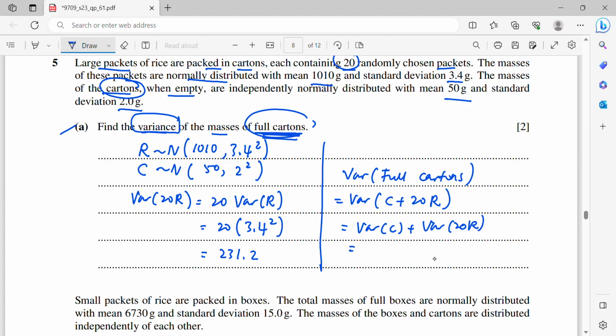Then you just add up 2 squared plus 231.2. Then you will get 235.2. So that's the variance of the masses.